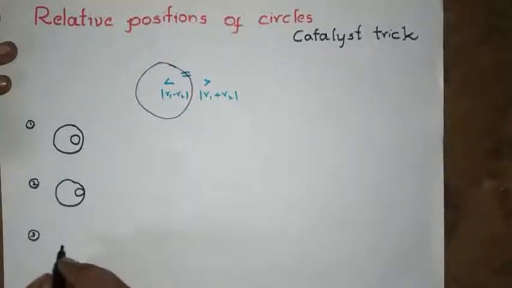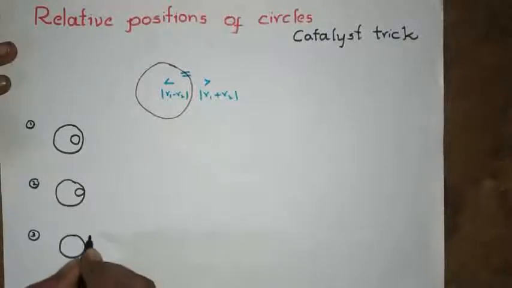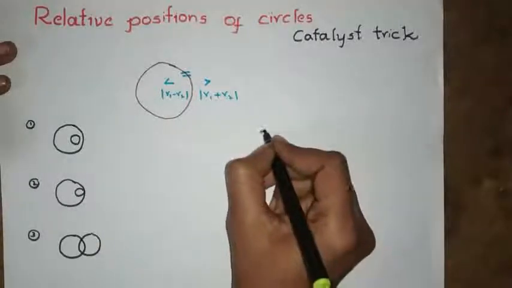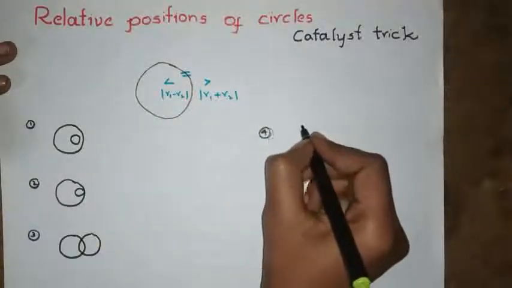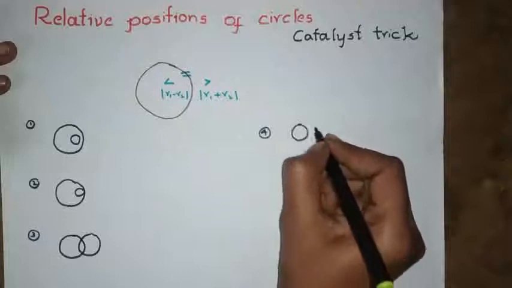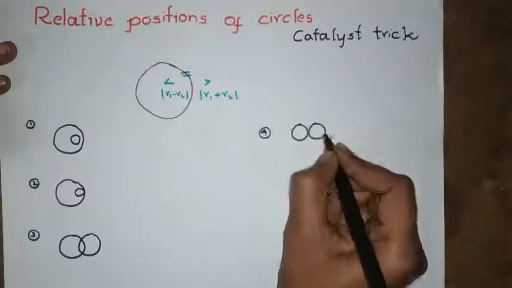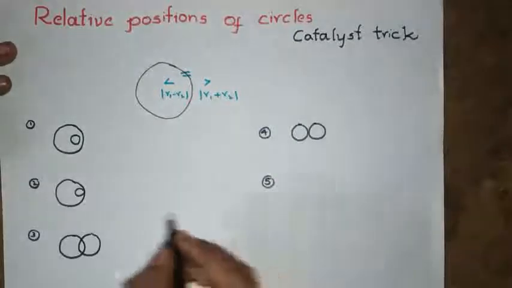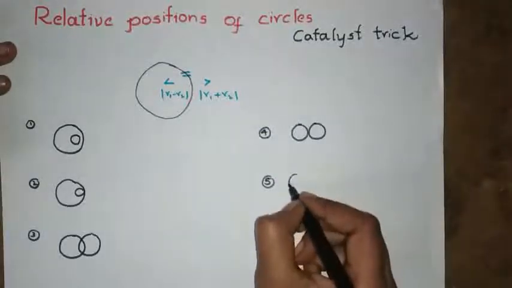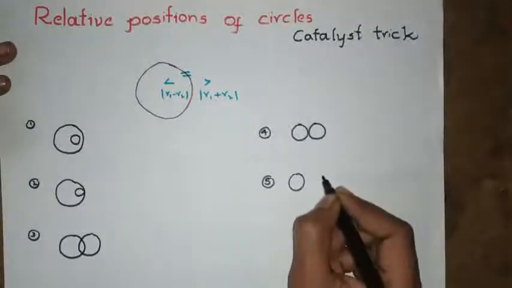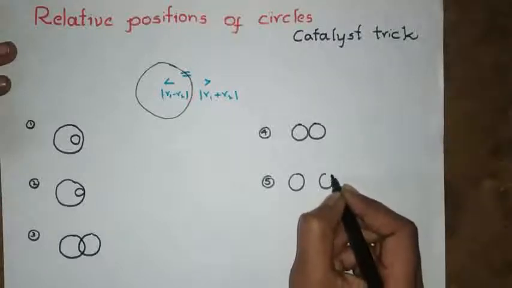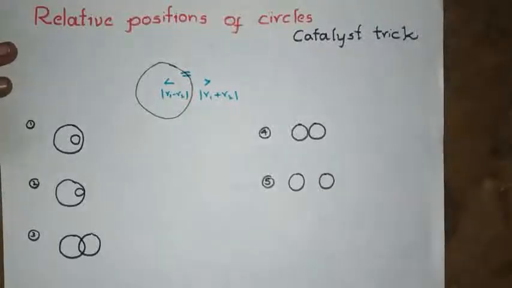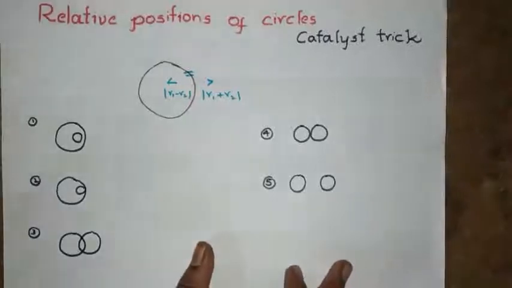Another one is given: two circles intersect at two different points. The fourth condition is given: circles touch externally. And the fifth condition is given: circles do not touch each other. Okay, these are the five conditions.